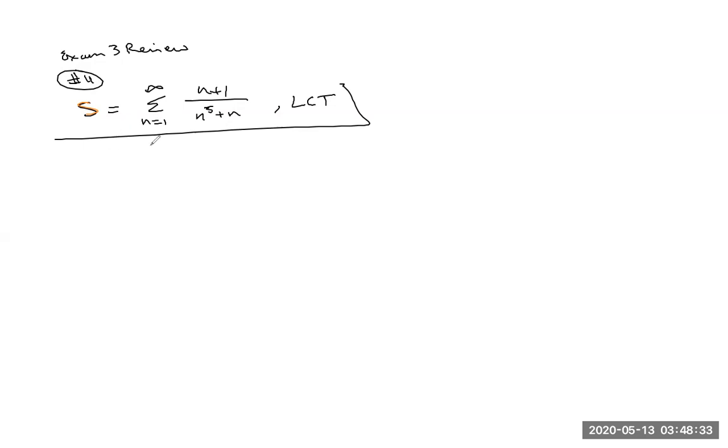So first thing is to establish what your a sub n and b sub n will be. So a sub n again is what's inside the summation for S. And for b sub n, you're going to want to drop off the lowest powers from the numerator and denominator. So we're going to drop the 1 and the n. And then we can simplify that. That's 1 over n to the 4th.